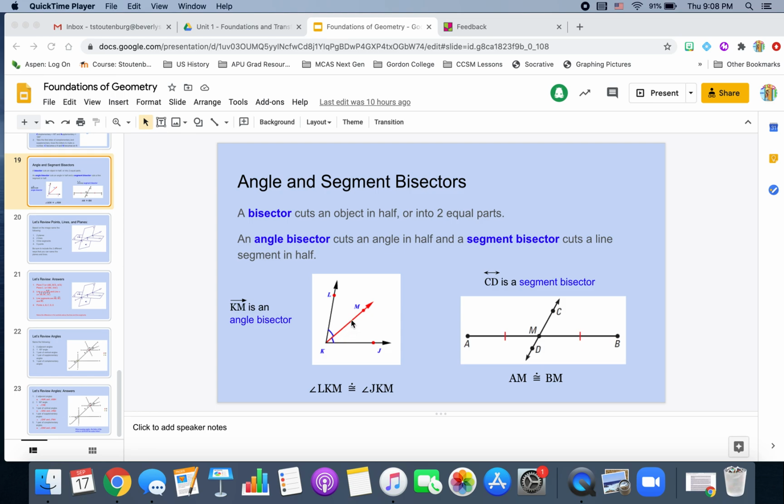And the only time that would happen is if that bisector cuts the angle exactly in half. So remember, an angle bisector cuts an angle directly in half and cuts it into two smaller equal parts.